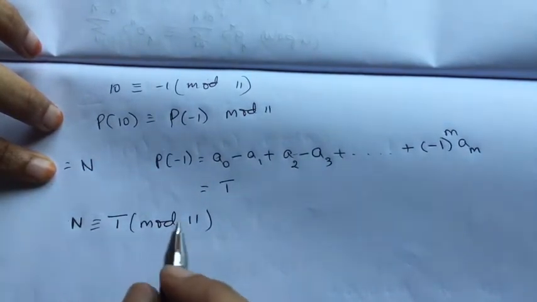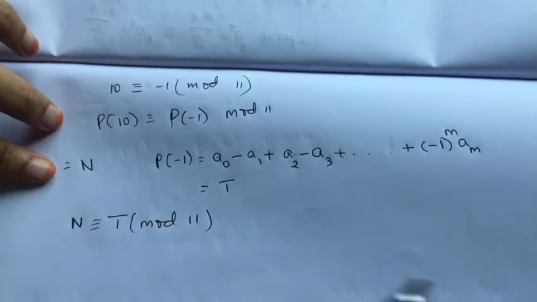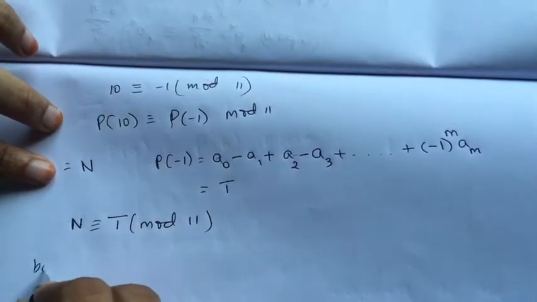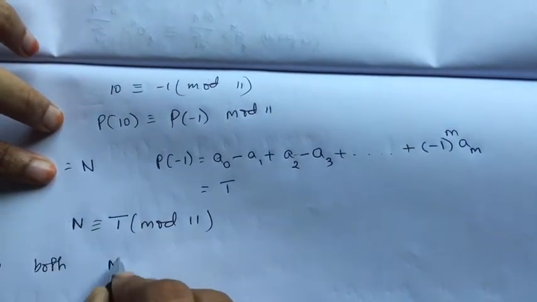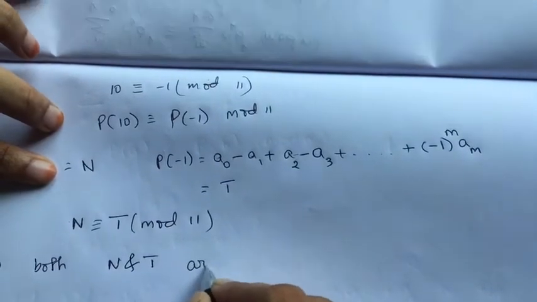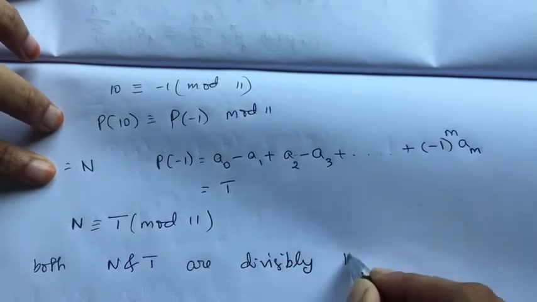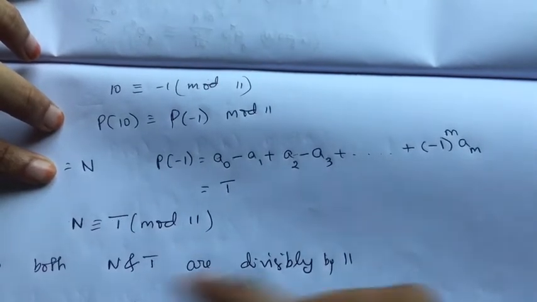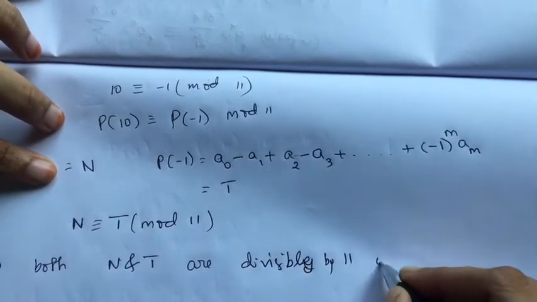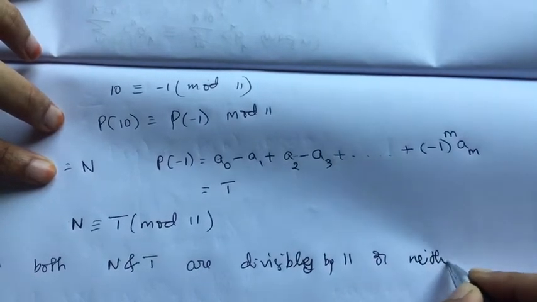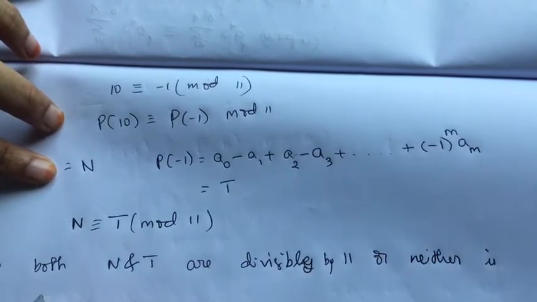It just implies either both n and t are divisible by 11, or neither is divisible by 11.